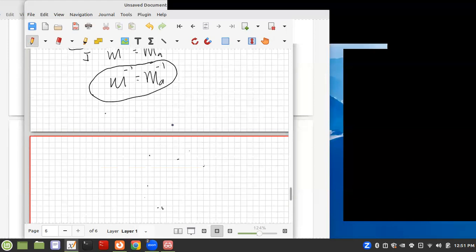The other thing is, for example, what's the inverse of the inverse? Well, the question is, if I can take M inverse and find the matrix and multiply this to get the identity, well, I know that this works.